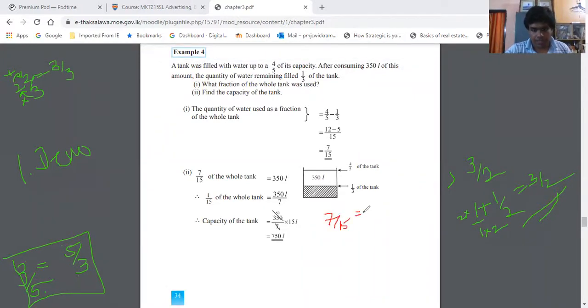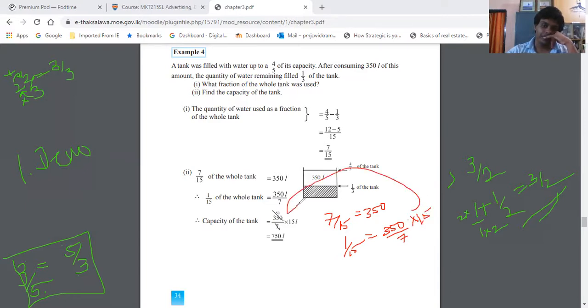This is a cross multiplication kind of way. To get the whole tank, this should be multiplied by 15, because one is 1 unit of the whole tank. That will give you the answer.